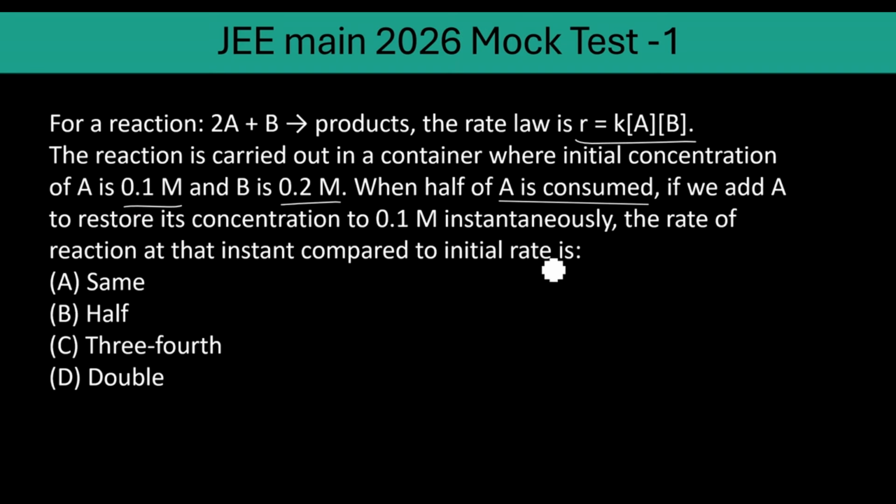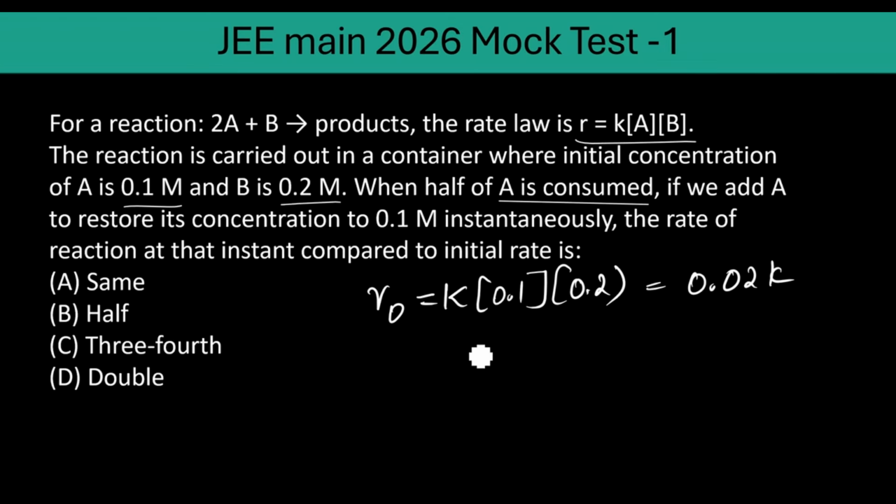So the initial rate is equal to K into 0.1 into 0.2, correct? Which is 0.02 K. When half of the A is consumed, 0.1 becomes 0.05.